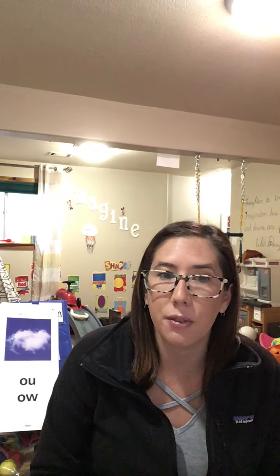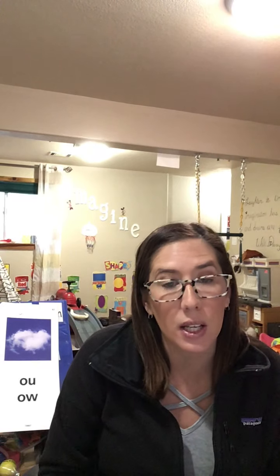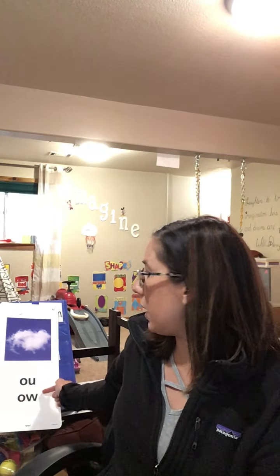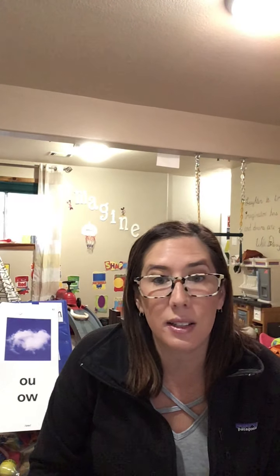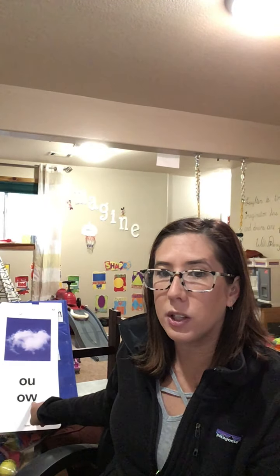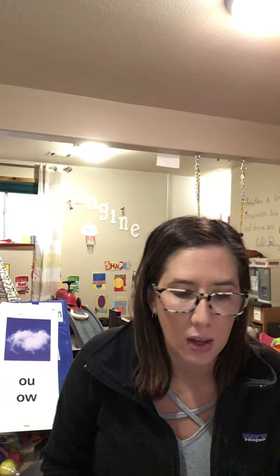They just look different. Remember, they can both happen in the beginning and in the middle, and only OW can happen at the end, but it doesn't always have to be the very ending sound, okay?